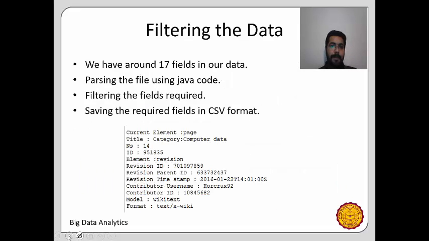Coming to the next thing, filtering the data. As you saw, there are many fields which are not very useful for our query, so we are going to filter our data. As of now, I have created some Java code to parse the file and filter the elements. For now, I was able to parse the file.